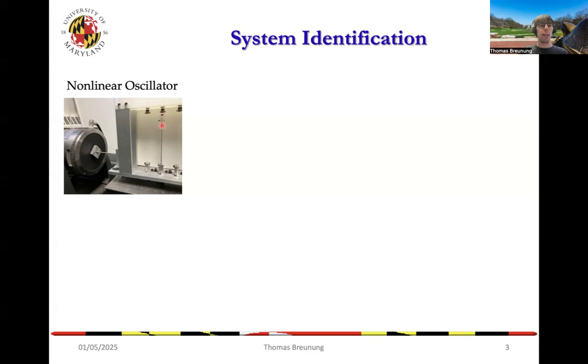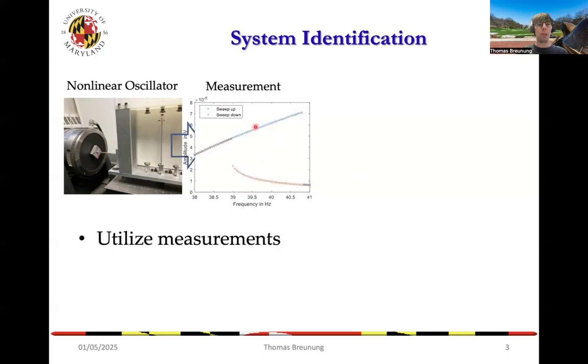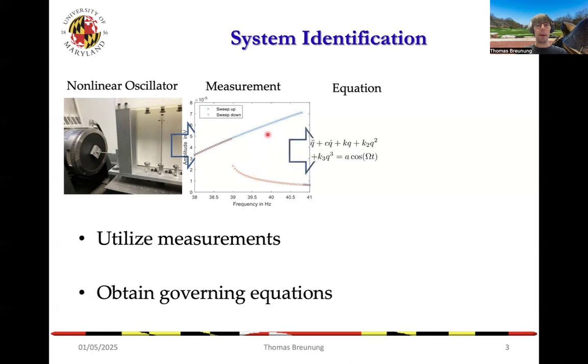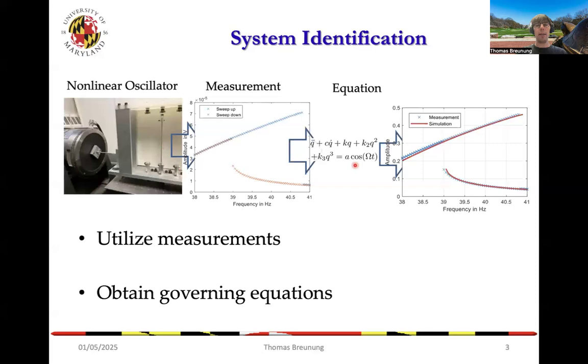If we now supply harmonic excitation, we can obtain such measurements, such frequency response curves, where we see a large region of bistability. And in the following, we want to utilize those measurements to automatically come up with a set of governing equations, such as those ones, which when simulated, accurately fit the obtained forced response curves.